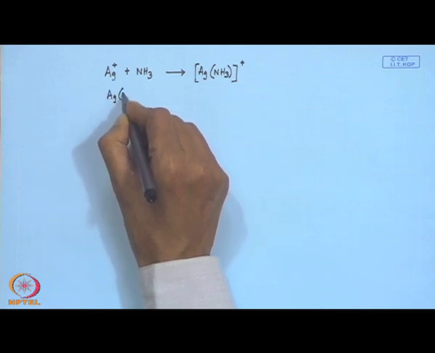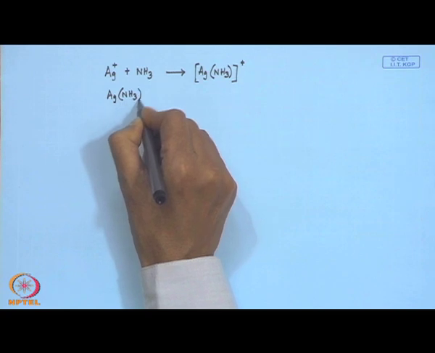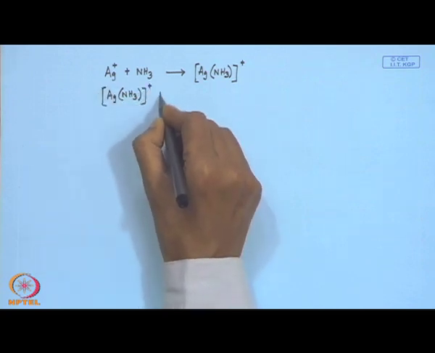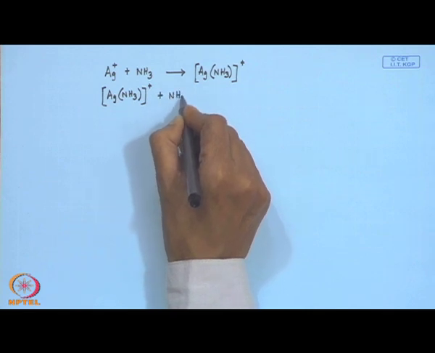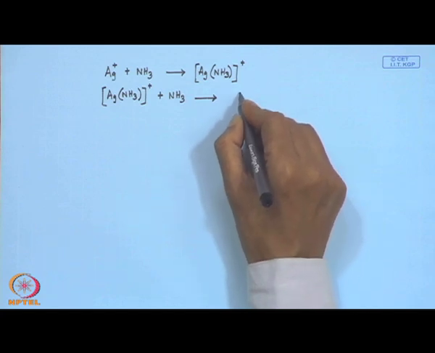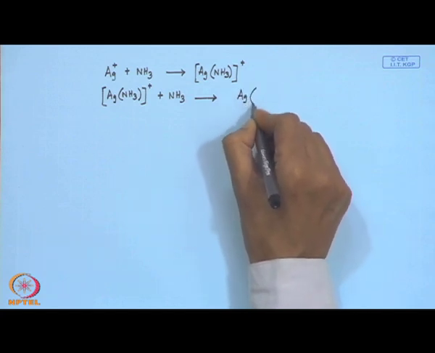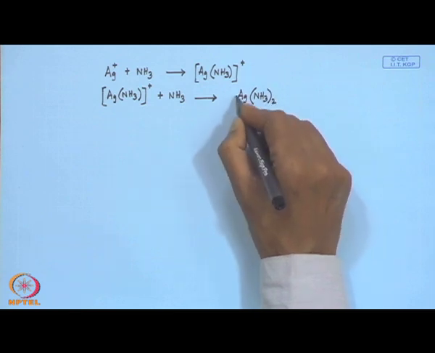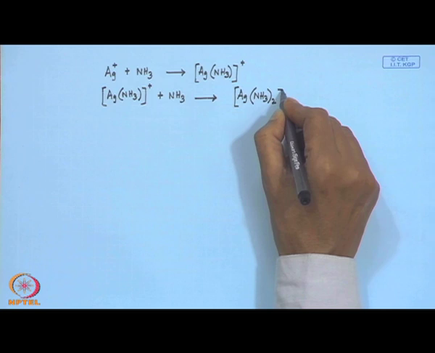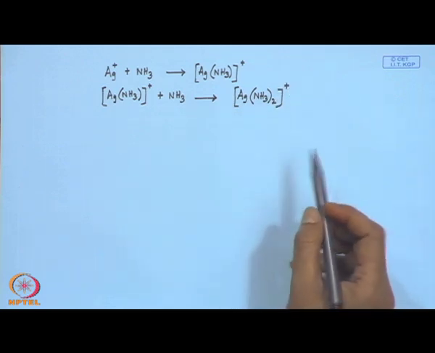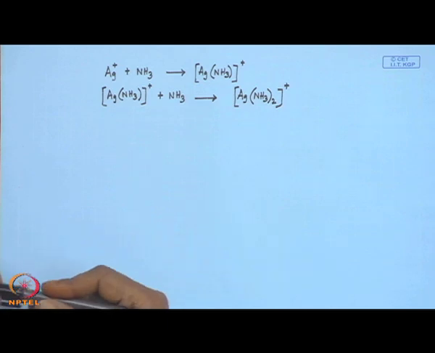Then in the second step, it reacts with the second ammonia molecule, giving rise to the Ag(NH3)2 plus complex.